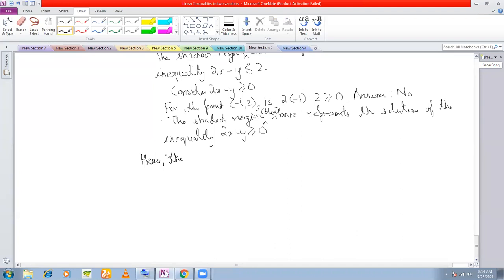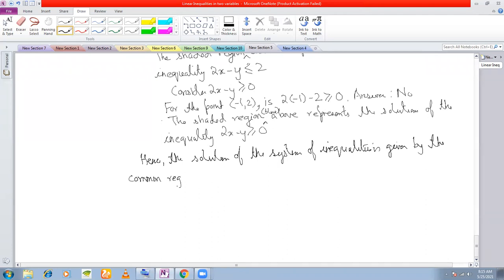Hence, the solution of the system of inequalities is given by the common region, right, between the solutions of the two inequalities.